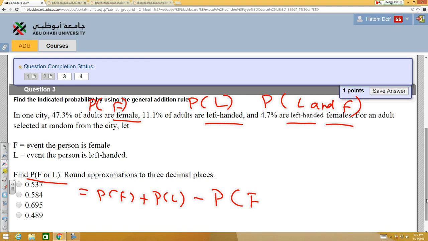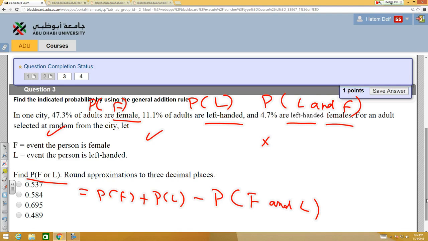Probability of F or L. All you have to do is add this number plus this number and then subtract this number. Can you do that and tell me how much? You should do that actually.